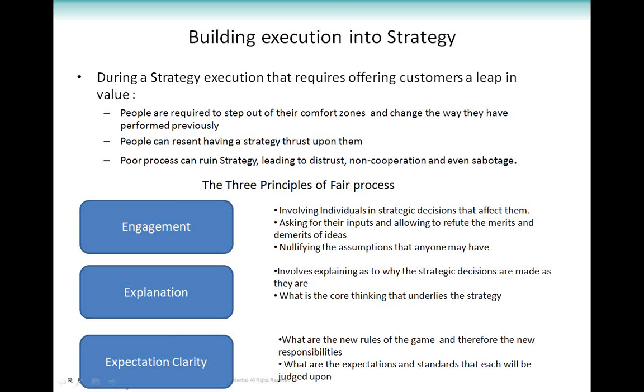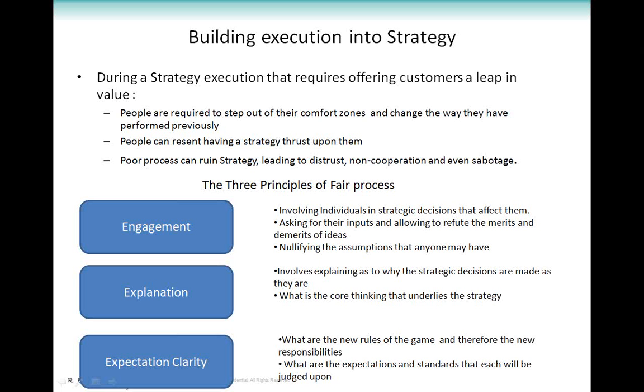It asks for their inputs and allows them to refute the merits and demerits of the ideas, thereby nullifying any assumptions that anyone may have. Second, explanation: it explains clearly to everyone involved why the strategic decisions are made as they are, and the core thinking that underlies this strategy.